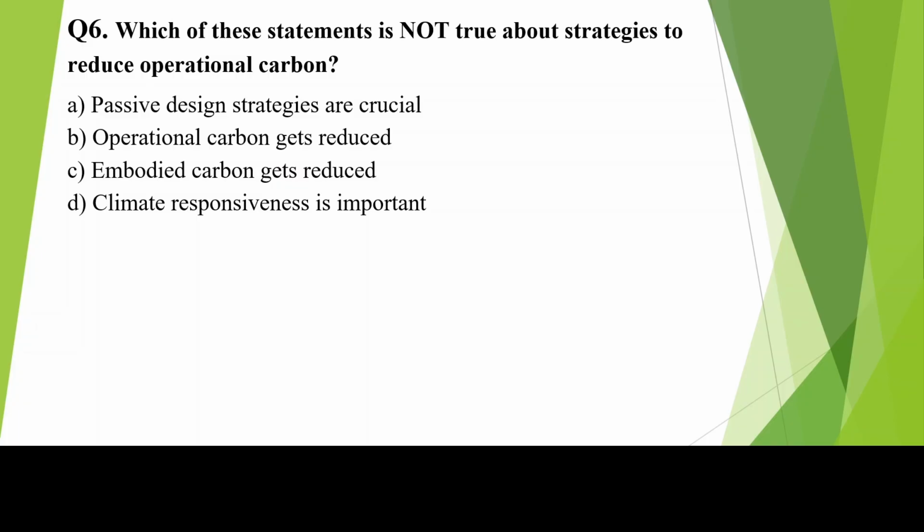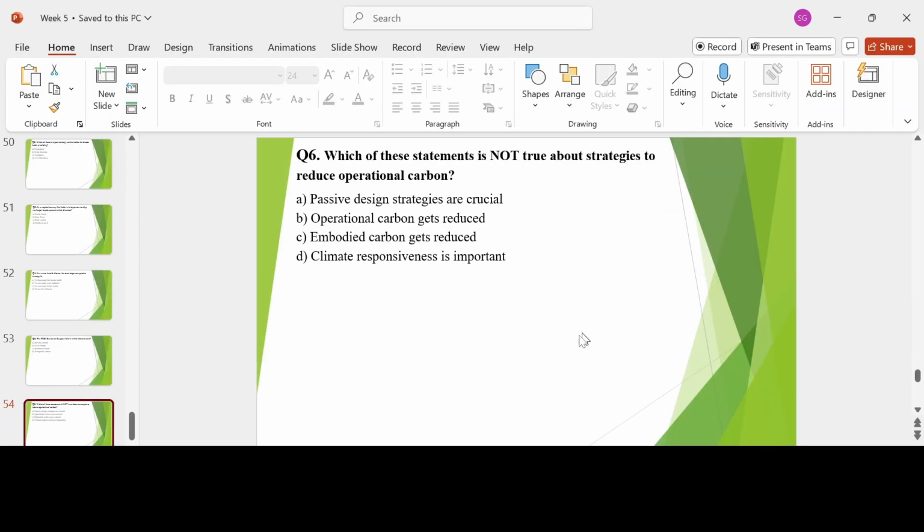Out of the four options, try to opt for the correct answer for this question number 6 and mark it in the chat box, whether it is option A or B. When you are trying to reduce the operational carbon, let's see how many of you can answer it correctly.